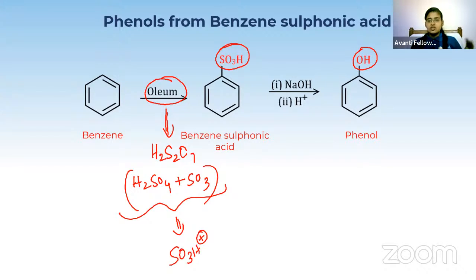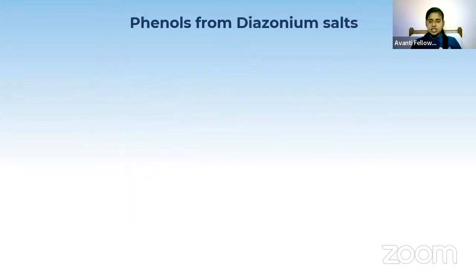All right. Moving ahead with the third preparation, it is from diazonium salts. What is meant by diazonium? Azo means nitrogen. Diazonium means N2. Diazonium salts means salts containing N2 plus. To prepare the diazonium salts, we need one compound called aniline.